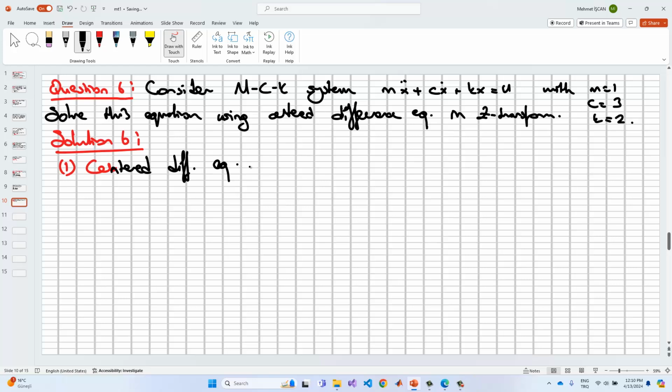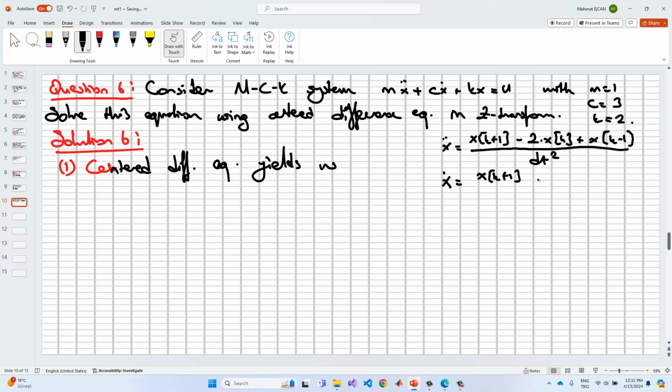Firstly, x double dot can be expanded in terms of x_(k+1) minus 2 times x_k plus x_(k-1) divided by dt square, the sampling period. Okay, and x dot is equal to x_(k+1) minus x_(k-1) divided by 2dt. Okay, and x is also considered as the k term in the centered difference equation.